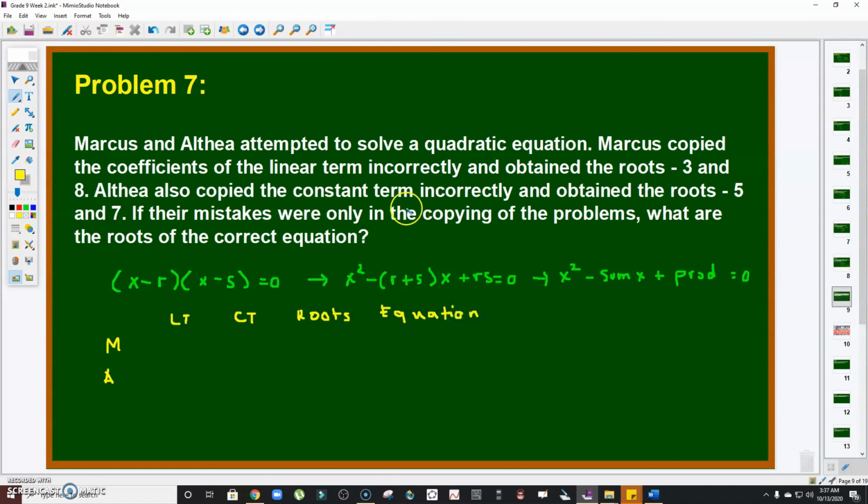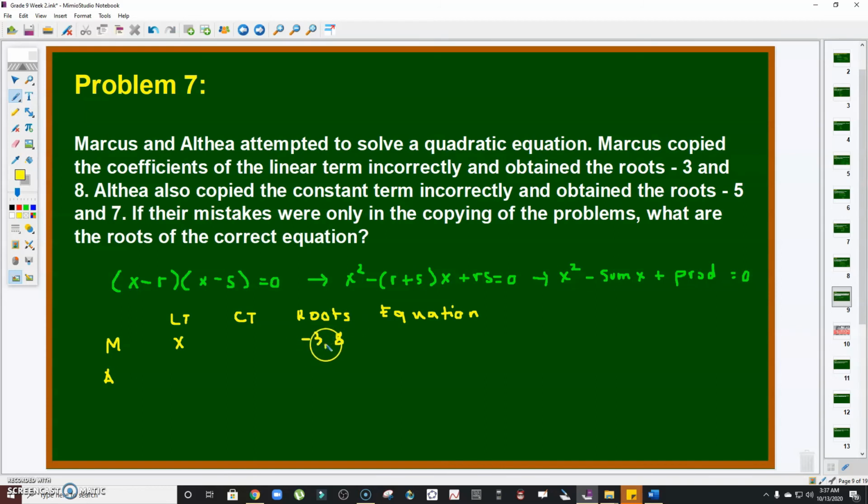Now ang sabi sa problem, Marcus copied the coefficient of the linear term incorrectly. So, meaning, mali siya dito. And he obtained the roots -3 and 8.